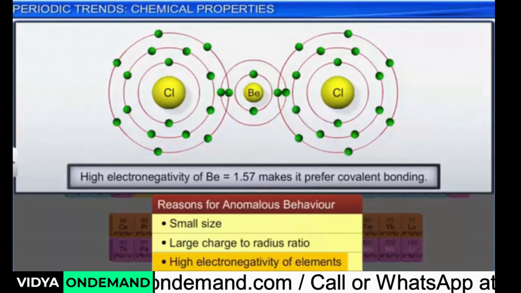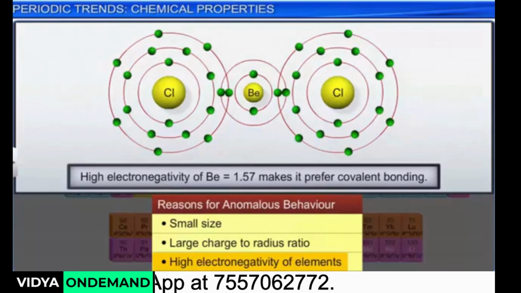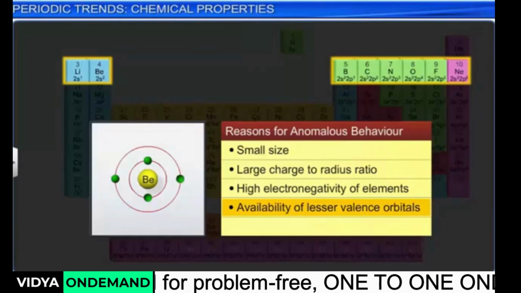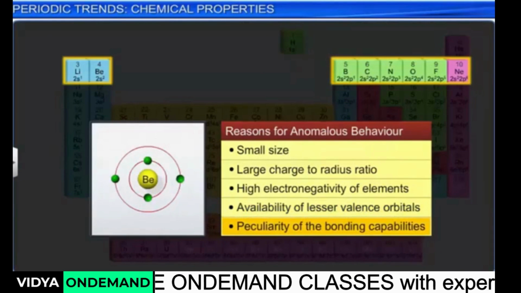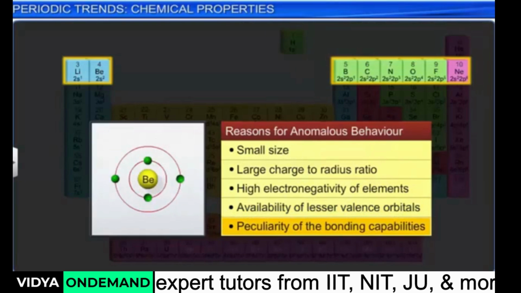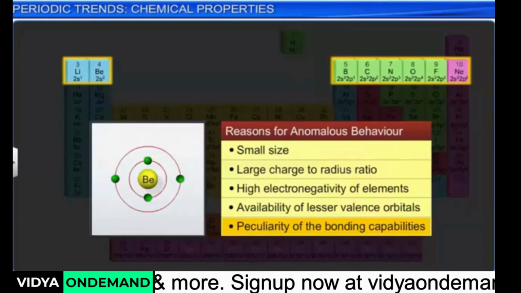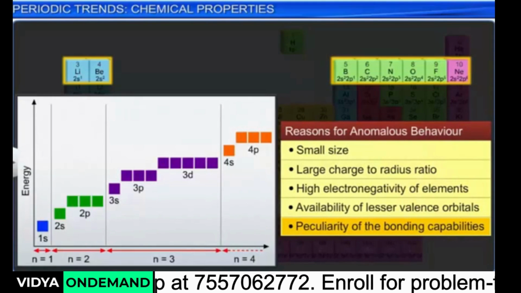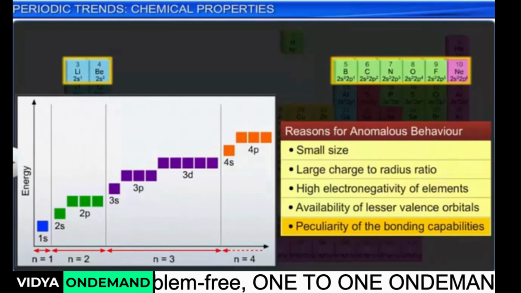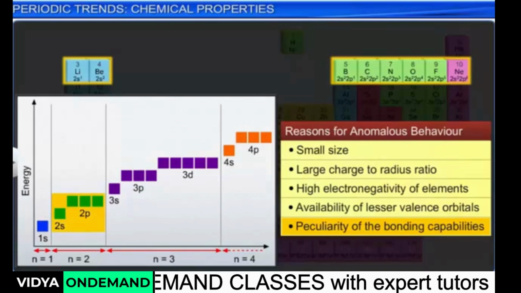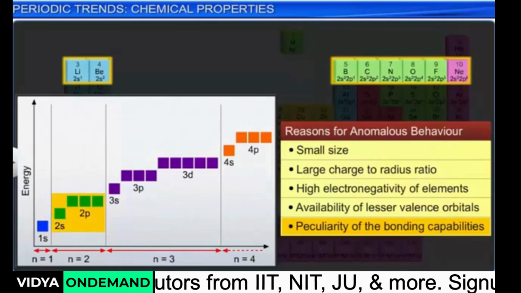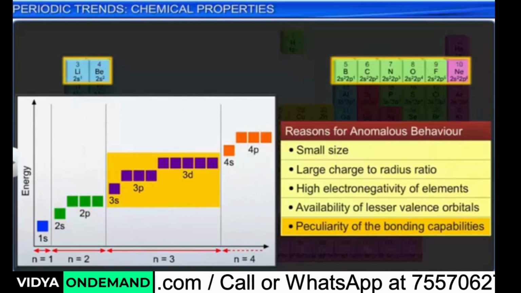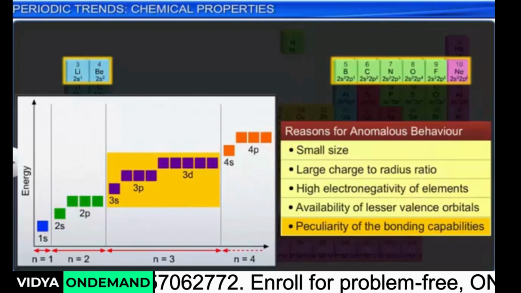In addition to the previous reasons, the availability of fewer valence orbitals and the peculiarity of the bonding capabilities of second period elements also contribute to their anomalous behavior. The first member of each group has only 4 valence orbitals, 1 2s and 3 2p orbitals available for bonding, whereas the second member of the groups has 9 valence orbitals, 1 3s, 3 3p and 5 3d orbitals.